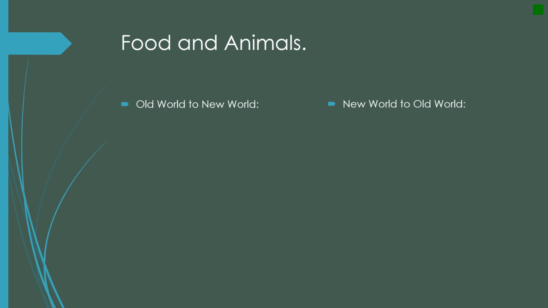So let's take a look at the food and animal exchanges specifically. From the Old World to the New World, from Europe to the Americas, we have things such as wheat, grapes, bananas, cattle, pigs, goats, chickens, horses, and donkeys. All these things from Europe and even Africa and Asia are going to travel to the New World.